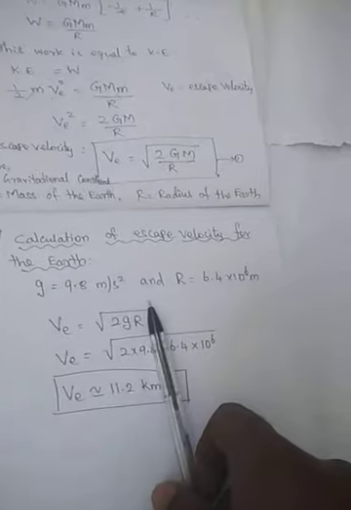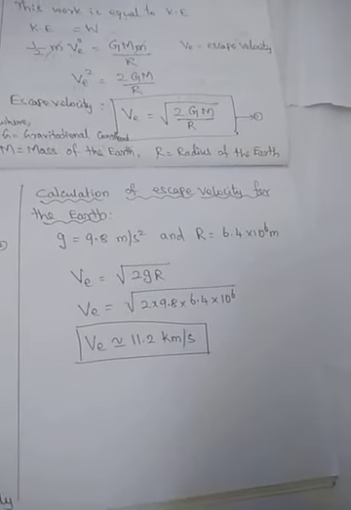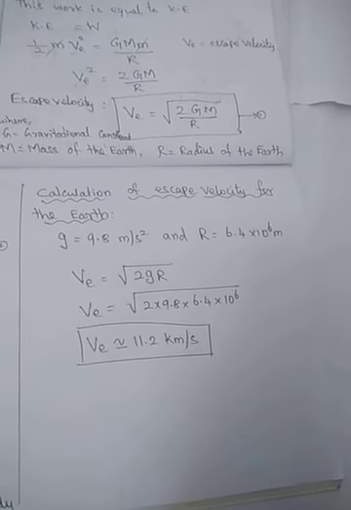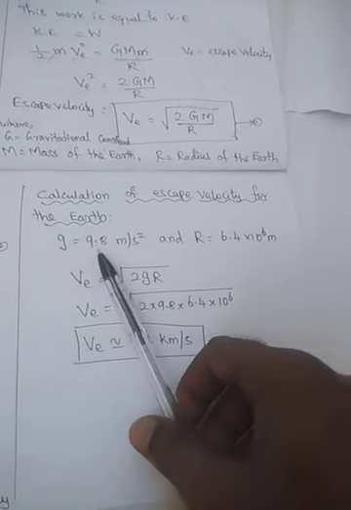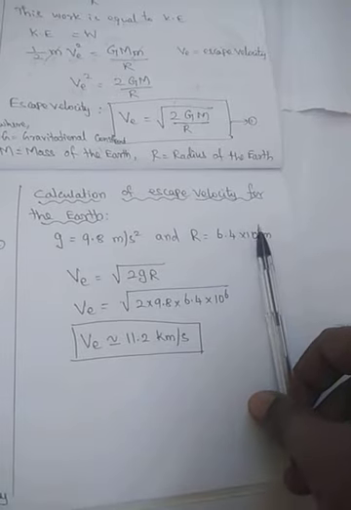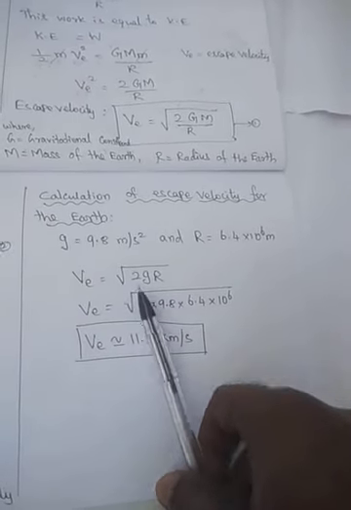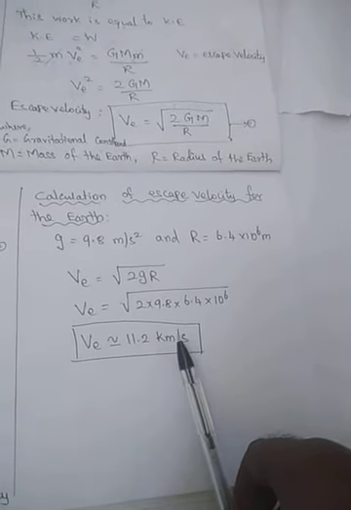Now, the calculation of escape velocity for the earth. If any body has to be projected vertically upwards to go into space from the earth's surface, that means launching a rocket, what is the minimum velocity required? Here g is equal to 9.8, and the radius of the earth is 6.4 into 10 power 6 meters. Substituting these values in the escape velocity formula, we get approximately 11.2 kilometers per second.